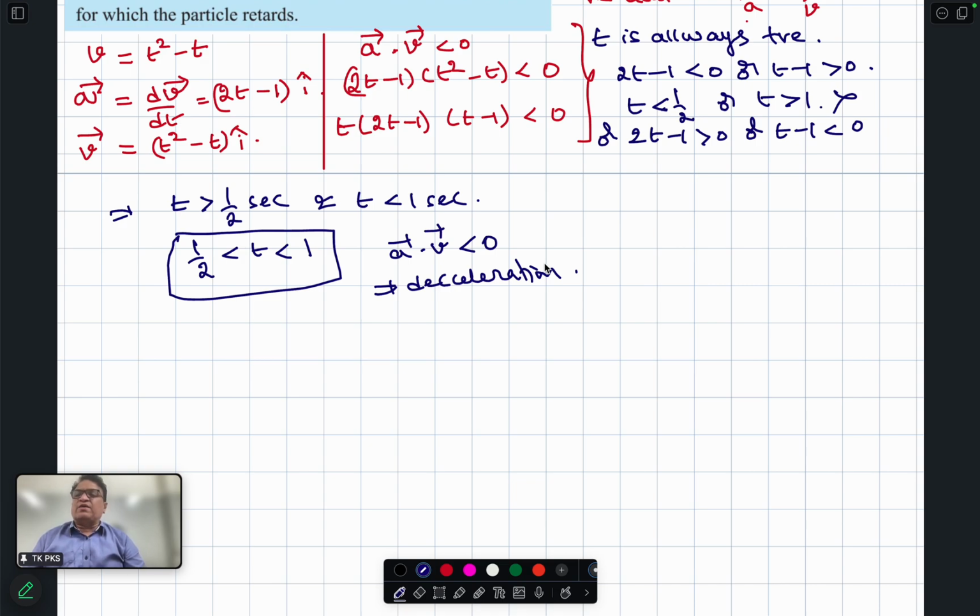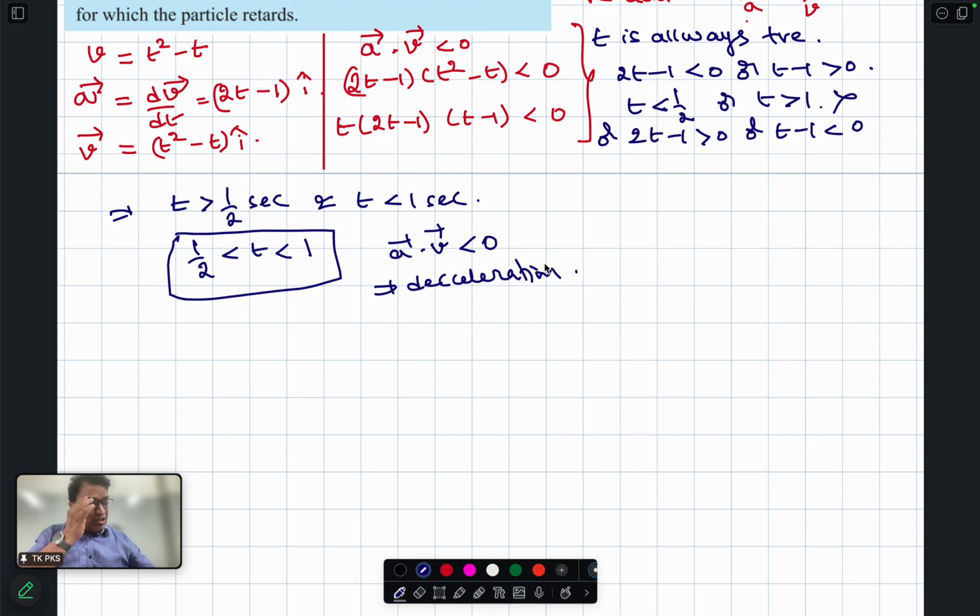Some students may question me, sir, can't we simply say acceleration less than 0? Wrong. Acceleration positive or acceleration negative, you cannot conclude acceleration or deceleration from that.